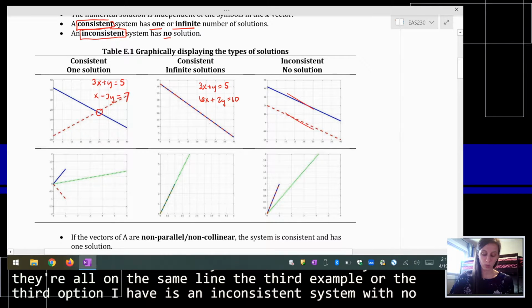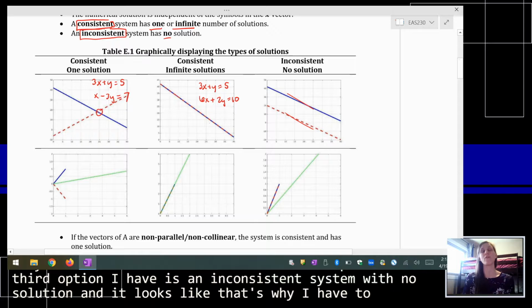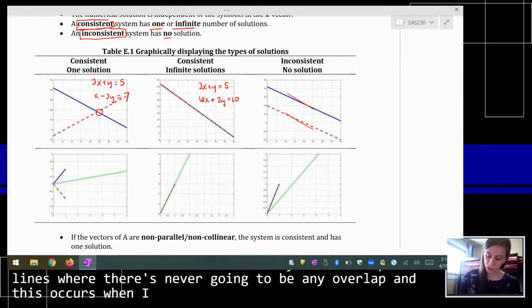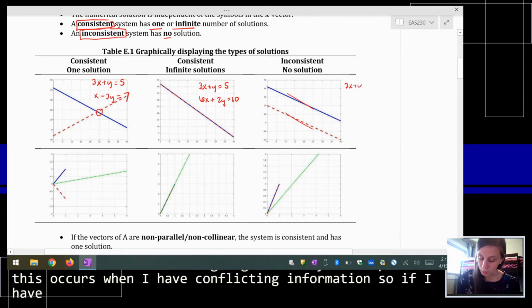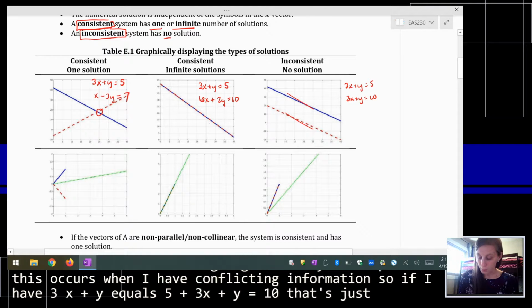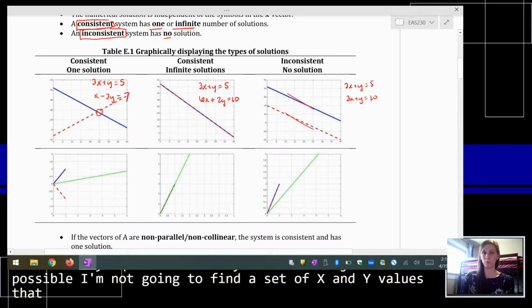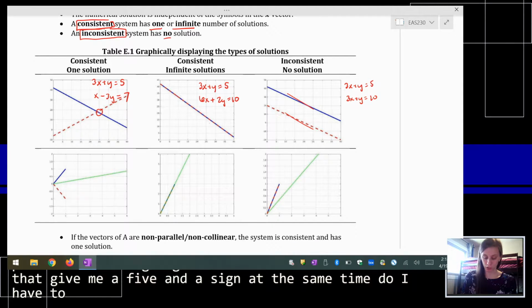And it looks like this, where I have 2 parallel lines, where there's never going to be any overlap. And this occurs when I have conflicting information. So if I have 3x plus y equals 5 and 3x plus y equals 10, that's just not possible. I'm not going to find a set of x and y values that give me a 5 and a 10 at the same time. So I have conflicting information.